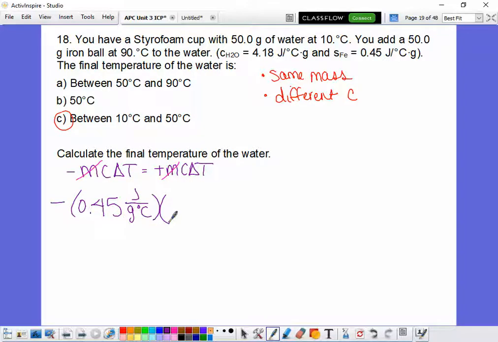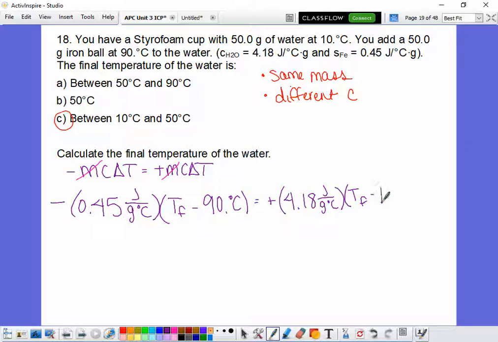T final is what we're solving for, right? What was our T initial for the metal? 90. What's C for water? It was given in the problem, but you are memorizing that. T final minus, what was the initial temperature of the water?